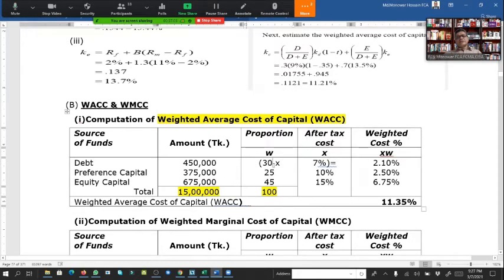Here 30% multiplied by 7% comes to 2.10%. This way, after calculating the 3 items, debt, preference and equity, we will get 11.13%. This is the weighted average cost of capital for this one.